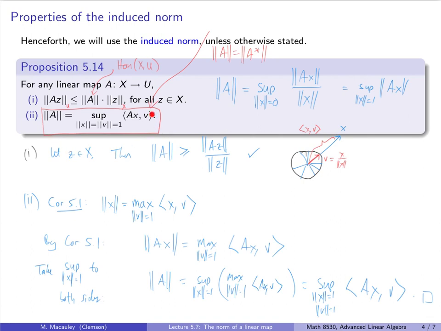However, if we use this condition right here, then it's very simple to just rewrite the inner product of Ax and v as the inner product of x and A star v. Now because this is symmetric, we can write this as the inner product of A star v and x. And then if we take the supremum of this over all unit vectors, what we get is the norm of A star. Now, I haven't written down what I said, taking the supremum over all unit vectors, but hopefully you can see the advantage of a characterization like this, as different and strange as it may seem from the definition.